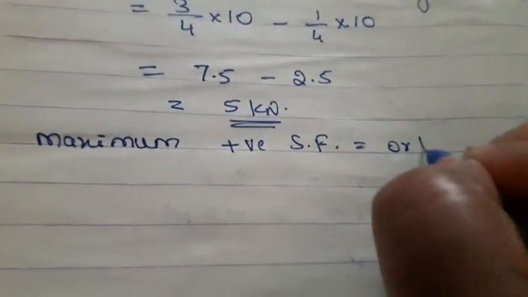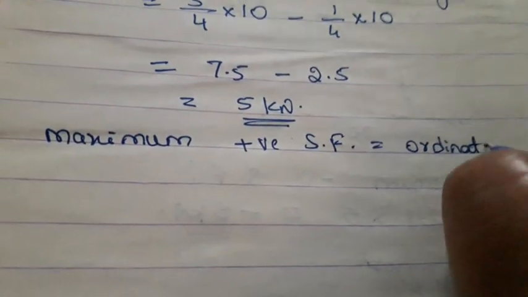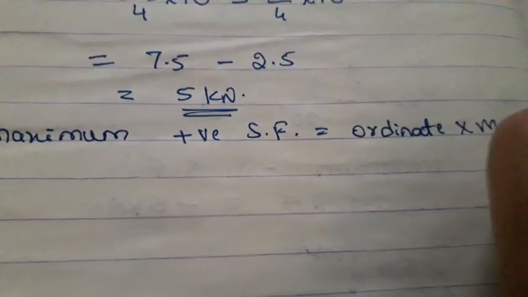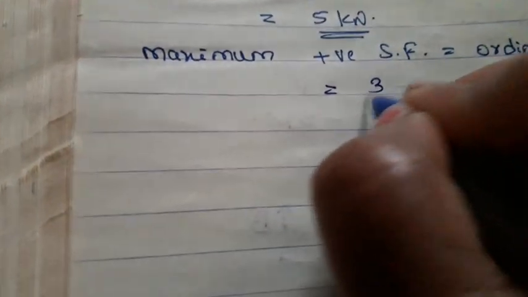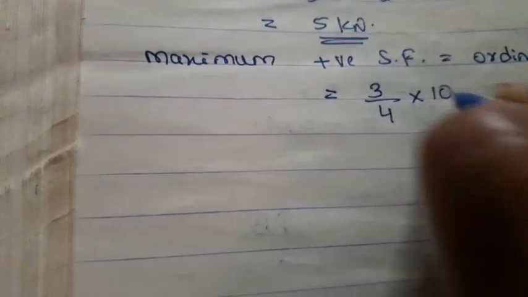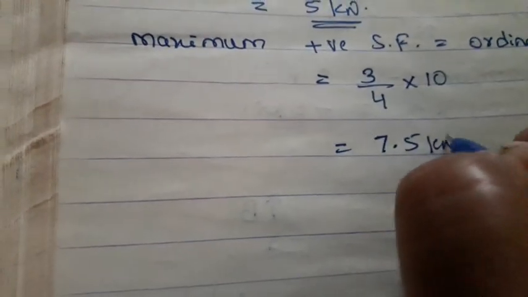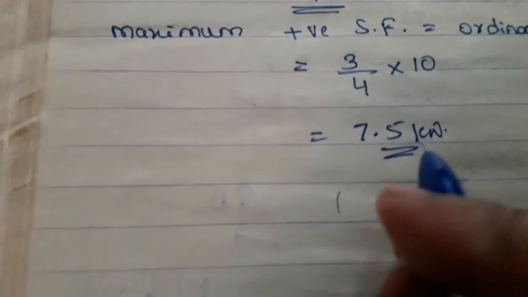So maximum positive shear force is equal to ordinate into magnitude. Ordinate is 3 by 4 and the magnitude is 10. So we get 7.5 kilonewton, which is the maximum positive shear force.